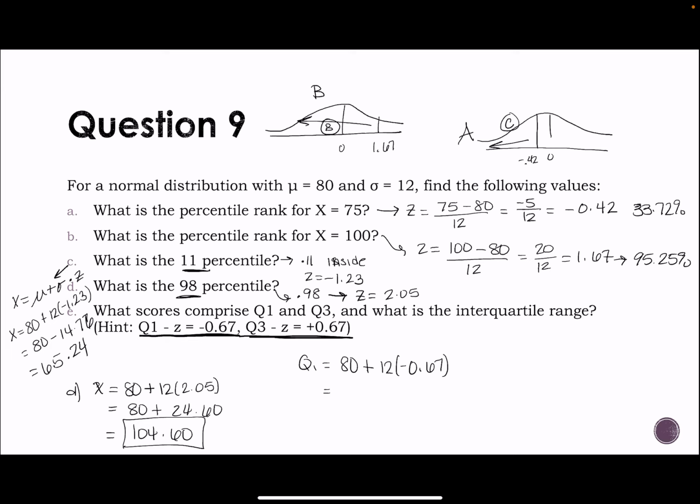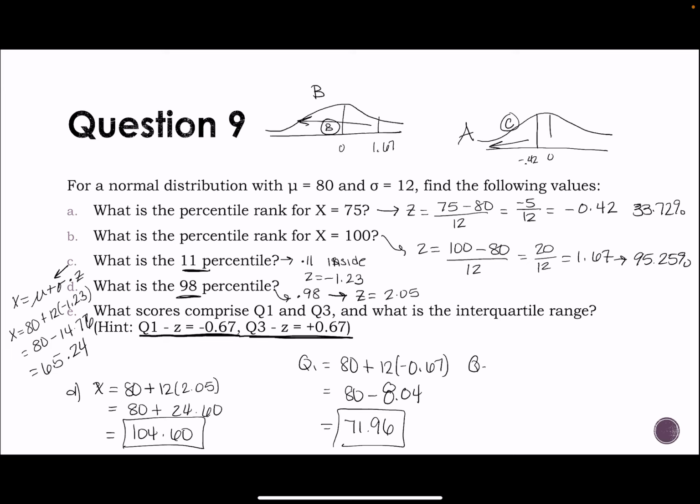So 12 times negative 0.67, so this is going to be 80 minus 8.04. Okay, so 80 minus 8.04 is going to give us 71.96. So there's my answer there.